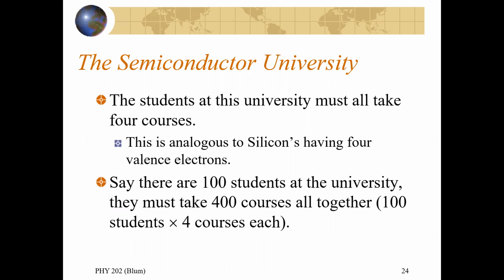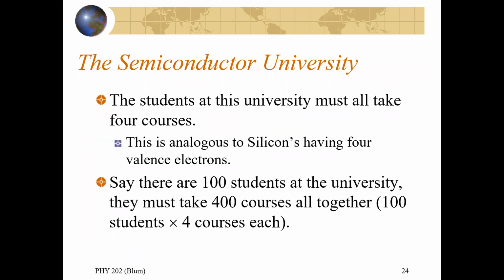Think about if you know your periodic table, carbon has 4 valence, and the thing underneath it, silicon, has 4 as well. So the 100 students take 4 courses. So I need 400 slots for my students.